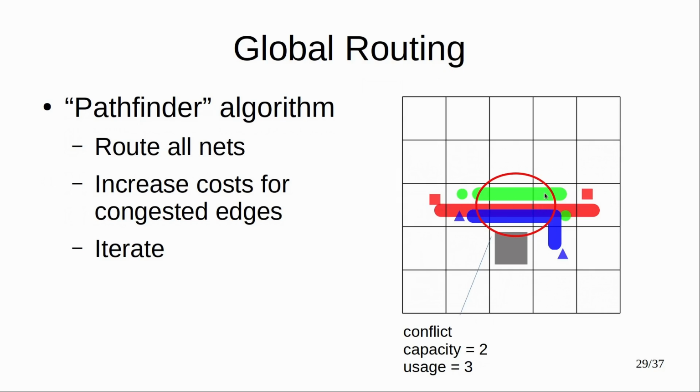For example, if we route those 3 nets, we might end up passing 3 nets through this tile, and the problem is we can only pass 2. And what we can do is increase the cost through this tile. So if you're lucky, eventually one signal will decide to go somewhere else, and in this way resolves the congestion. Once we have these global routes, we can use them to steer the path search for the detail routing. So they basically mark a region where the final wires can go through.